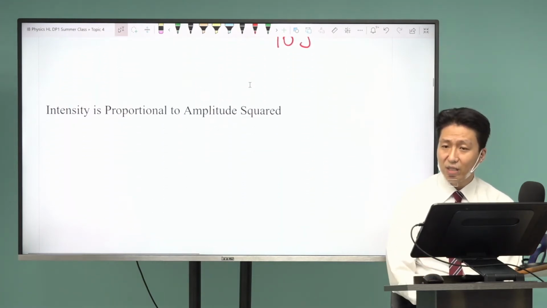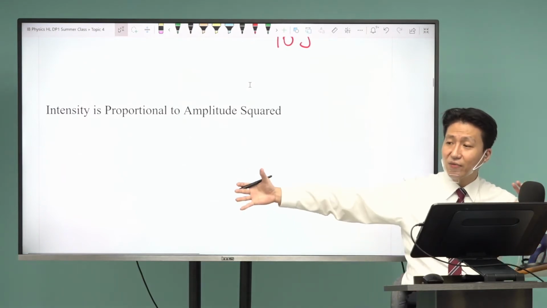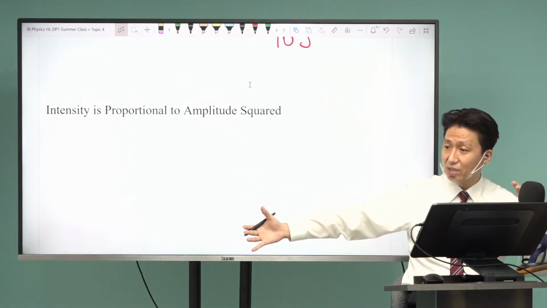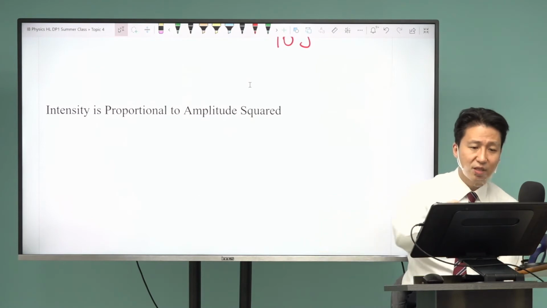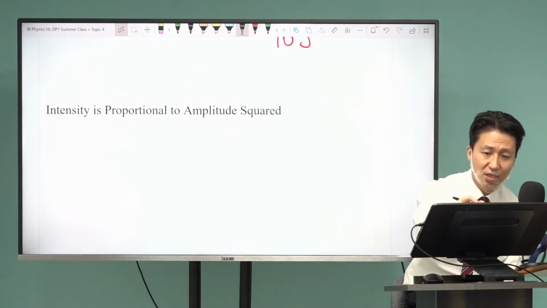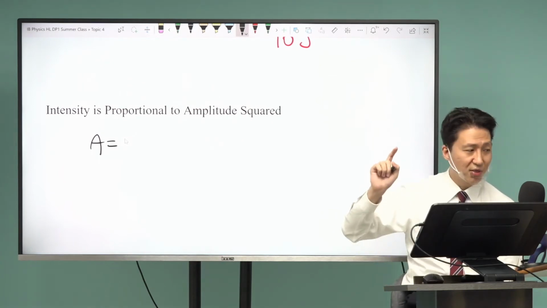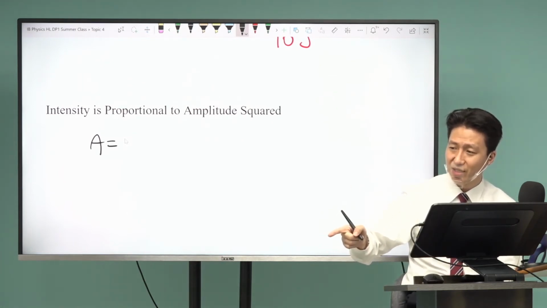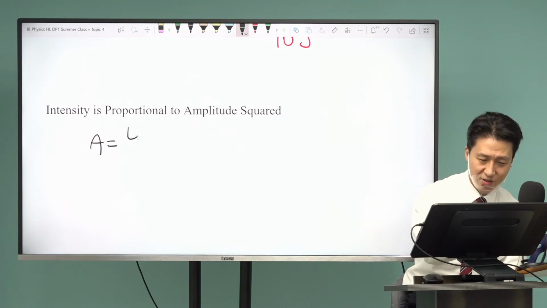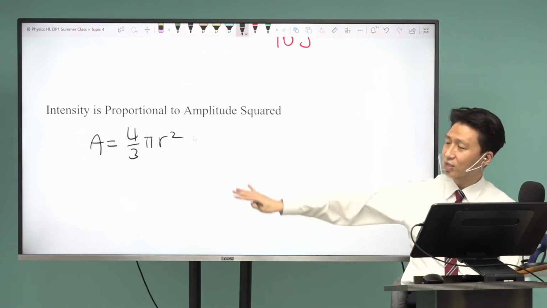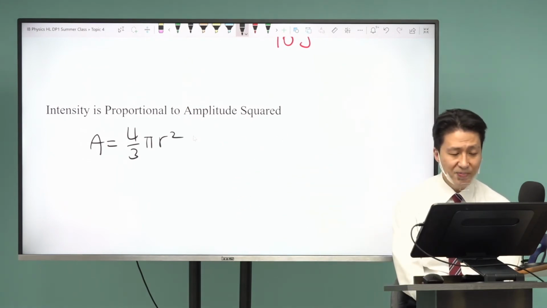First, the area of the sphere depends on the distance, right? So let's say, what's the area of a sphere? Pi r squared, right? Because it's the surface area only, we don't count the volume.